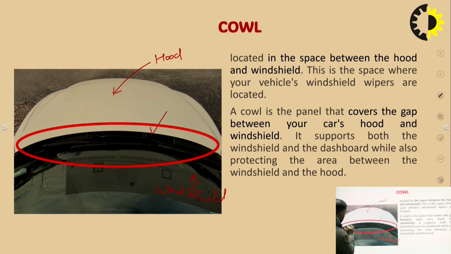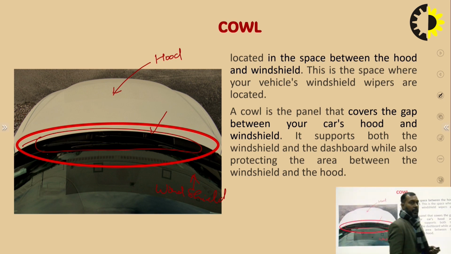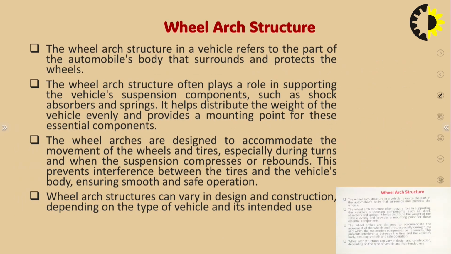In between, the whole part is known as the cowl. This is the space where your vehicle's windshield wipers are located. So the cowl is the panel that covers the gap between your car's hood and the windshield, and it also supports both the windshield and dashboard while protecting the area between the windshield and the hood.